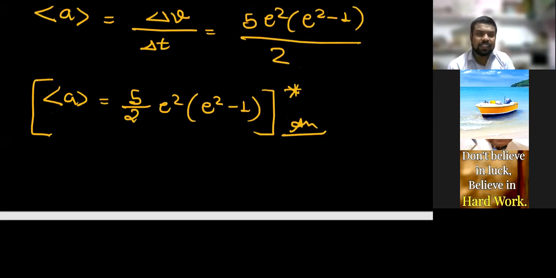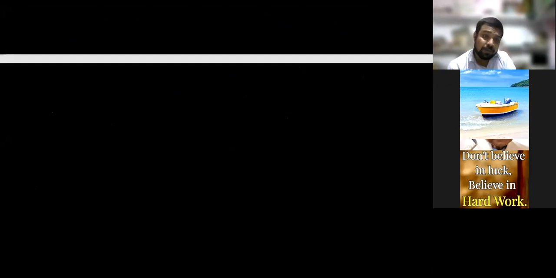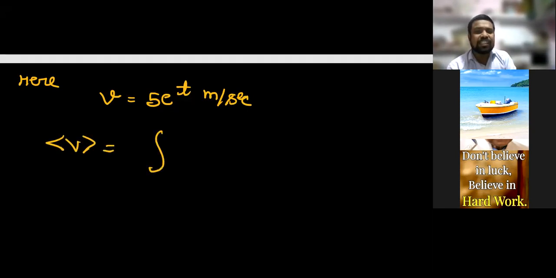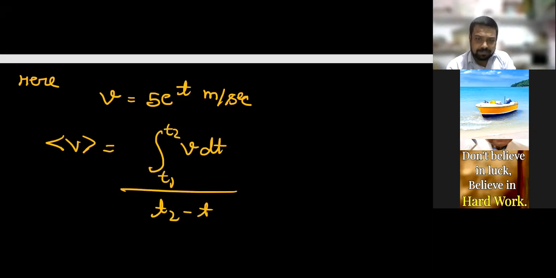Now, my dear friends, let us see. The question is asked about average velocity. So here, the velocity is a function of time. If the velocity is a function of time, then for average velocity, it is the integration of v dt from t1 to t2, divided by t2 minus t1.